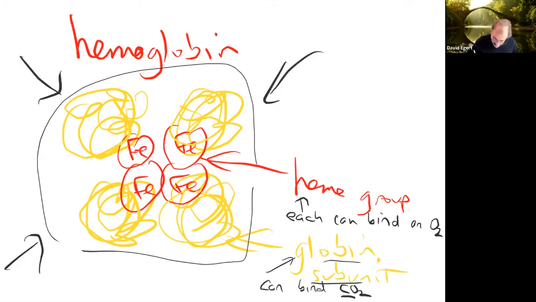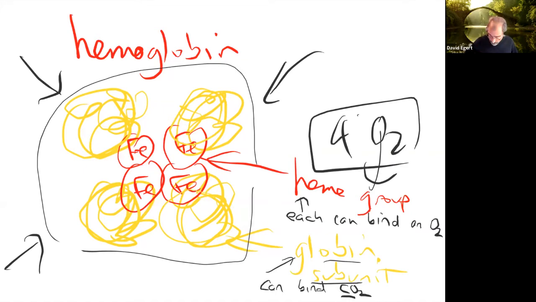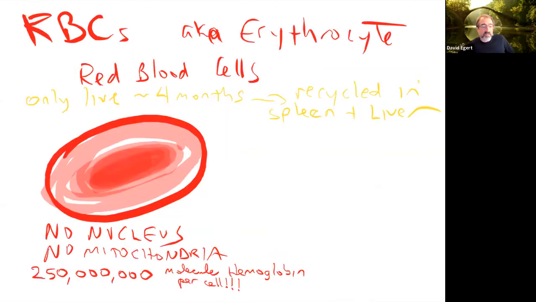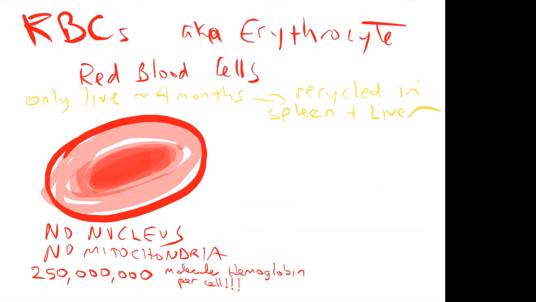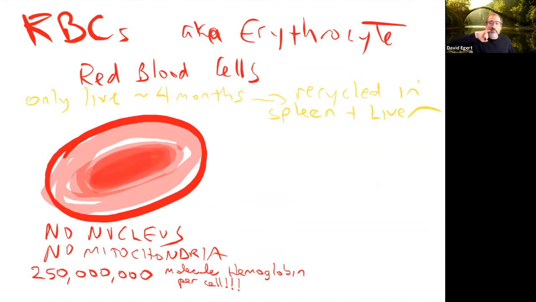So 4 heme groups means 4 oxygens for each hemoglobin, which means when we go back here, how many oxygen molecules can you put on a single RBC? You gotta think of like Dr. Evil. About a billion? Yeah, like 1 billion molecules of oxygen bound in a fully saturated hemoglobin molecule.